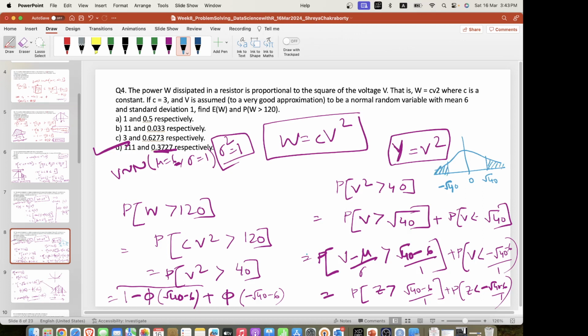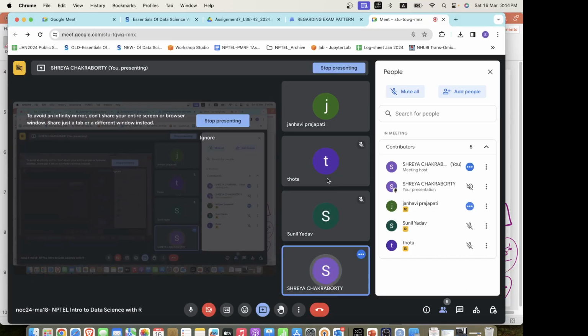What you could have also done, since this is symmetric, is write p norm root 40 lower dot tail equal to false. Then you would have gotten this area and then multiplied it by 2. That would have also worked.